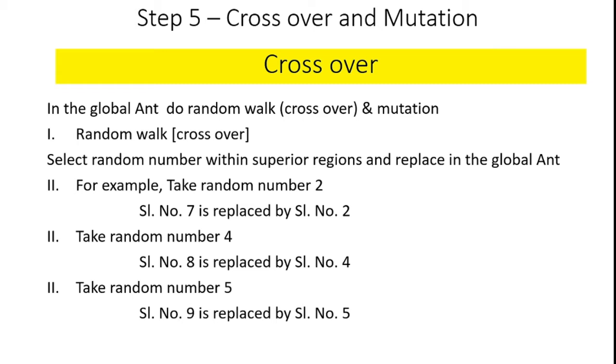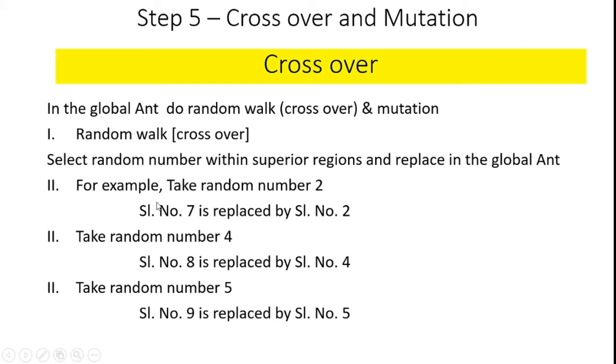Here, how do I conduct the crossover operator in the global ant? I do a random walk crossover. So how do I conduct the random walk? Select a random number within the superior region and replace it in the global ant. For example, first I take a random number with the aid of a calculator. From that I got 2.